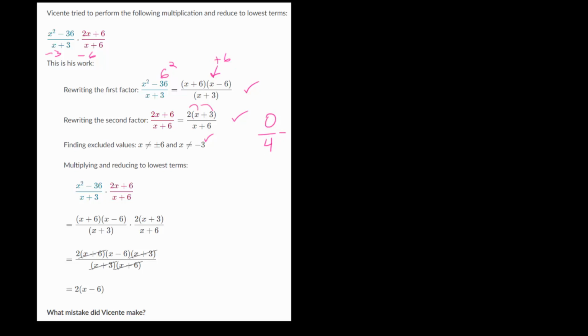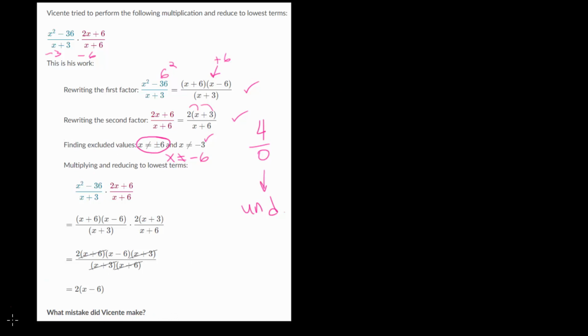And that's okay. That's not going to be excluded from the domain. It's only when you're dividing by 0 that that is undefined. So the mistake is excluding +6. It should just be x cannot be equal to -6, but +6 is fine.